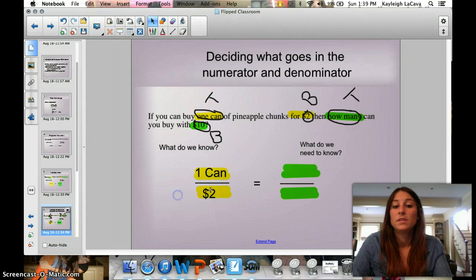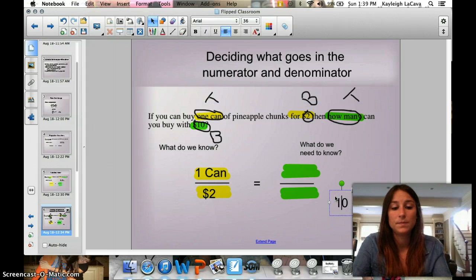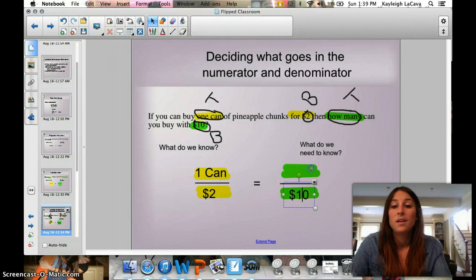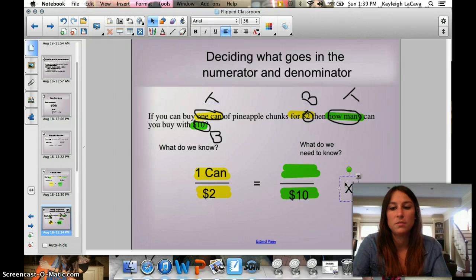Okay? So on the other side, we know that we have $10. Right? And dollars go on the bottom, we decided. And we need to know how many cans. So we need to know X cans, right? Okay.